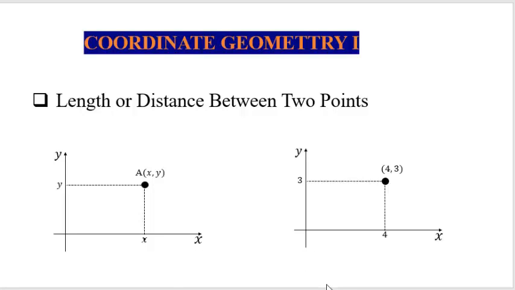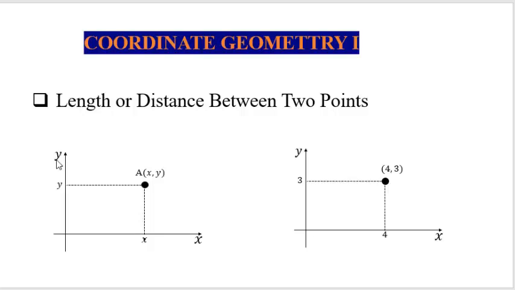to coordinate geometry 1. Now let us try to consider a Cartesian plane. Now the Cartesian plane is over here, which is the same as the x and y axis. So the x-axis is the horizontal line here, labeled x, and then the y-axis is the vertical line here, labeled y.